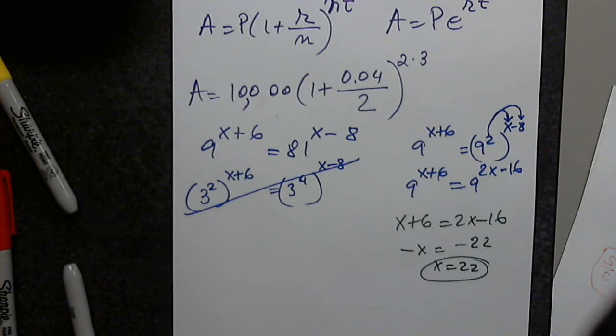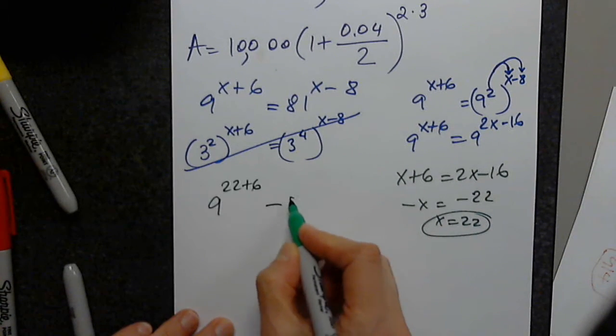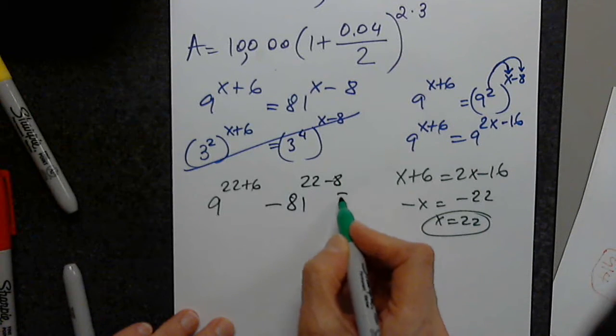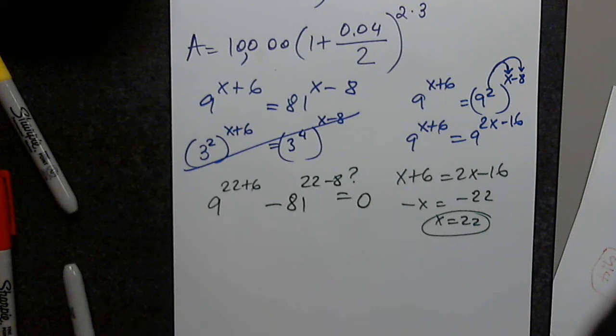You can always go back and check, right? So here's how I check. 9 raised to 22 plus 6 minus 81 raised to 22 minus 8. Does this equal 0? Yes, 0, when I plug in 22.